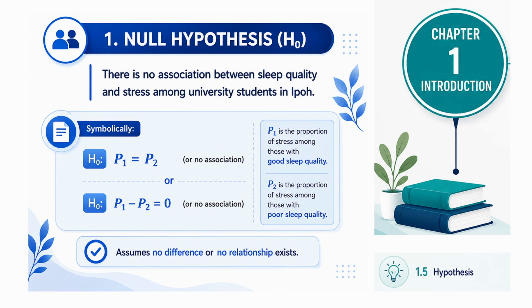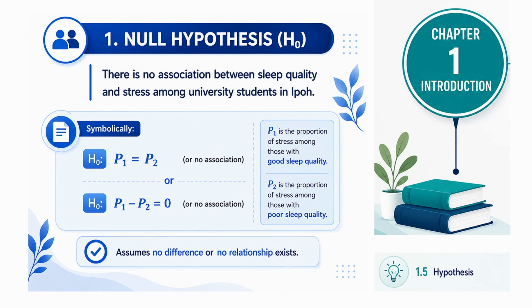Null hypothesis is a null statement. There is no association between poor sleep quality and stress. There is no relationship between sleep scores and stress scores. Like that. So in this case, the null hypothesis is that there is no association between sleep quality and stress among university students in Ipoh.